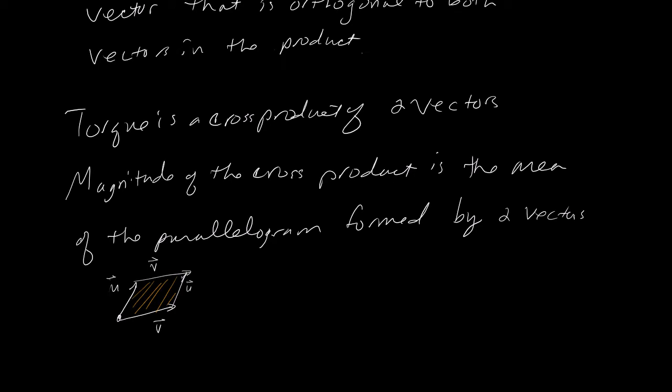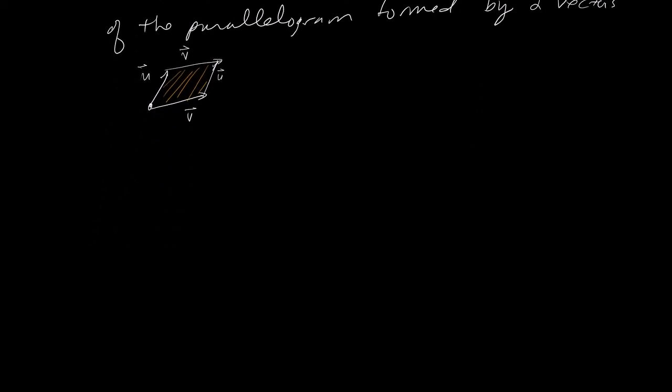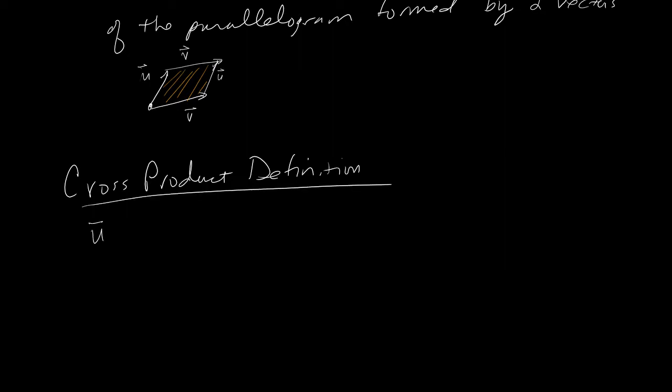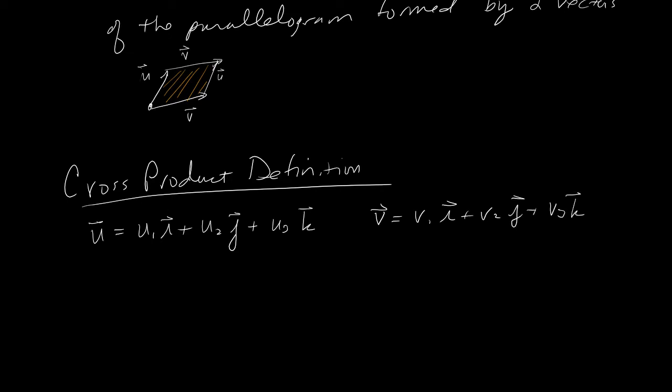Let's go ahead and define the cross product. Given two vectors in space, we have u equal to u1 i plus u2 j plus u3 k, and v equal to v1 i plus v2 j plus v3 k.